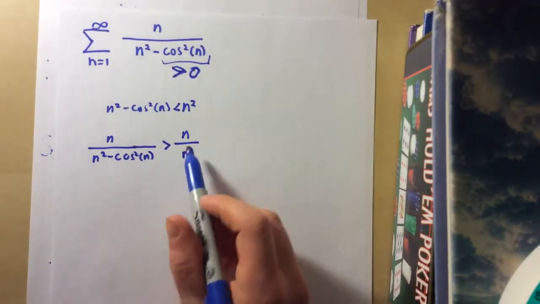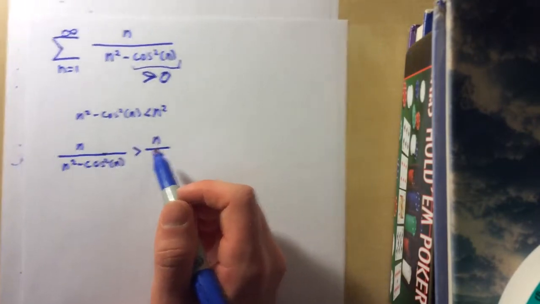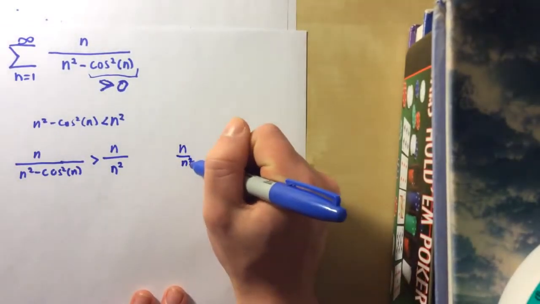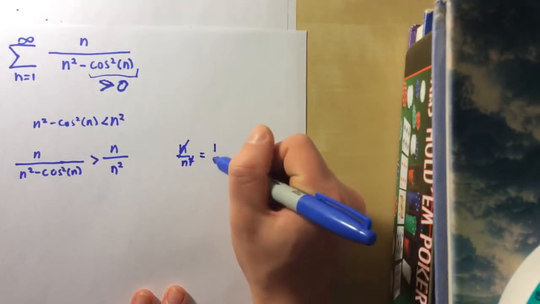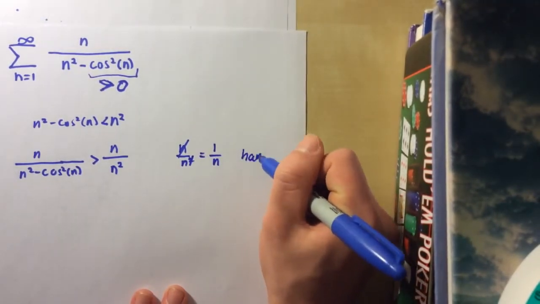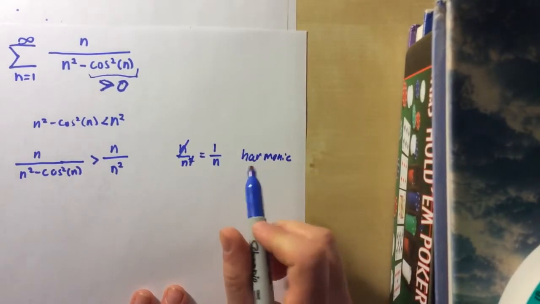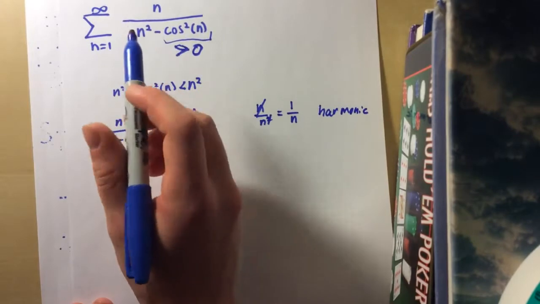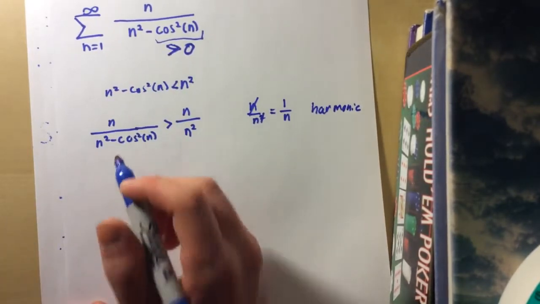So we're greater than, and we hope that this is something that diverges, and n over n squared, just divide by n, and we get 1 over n. And this is the harmonic series, which is one of those series that you should know diverges. So our series is greater than a diverging series.